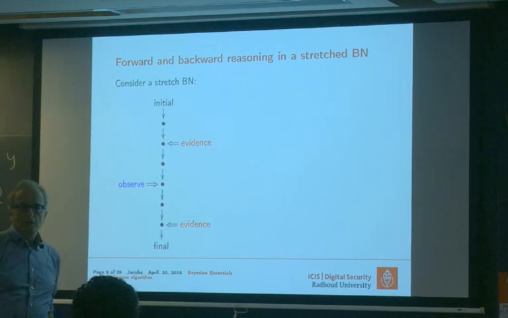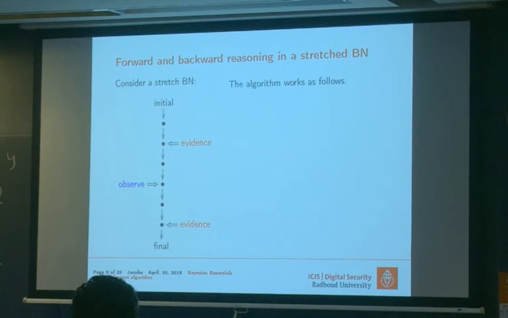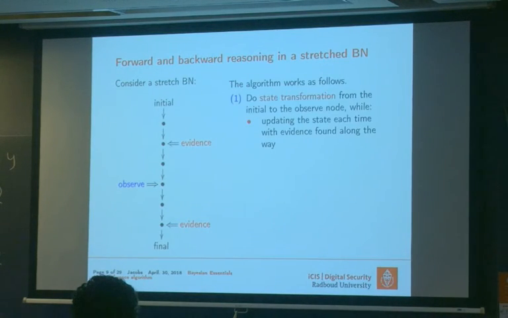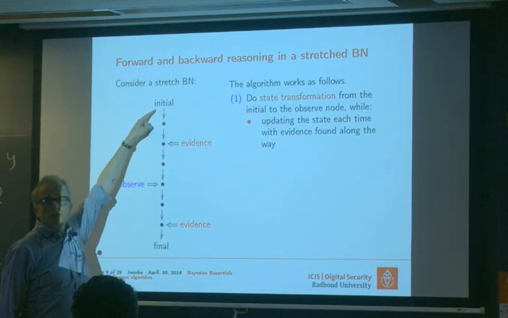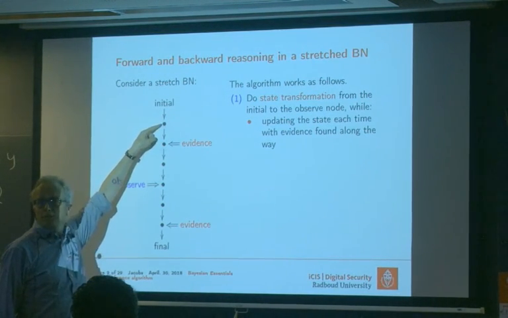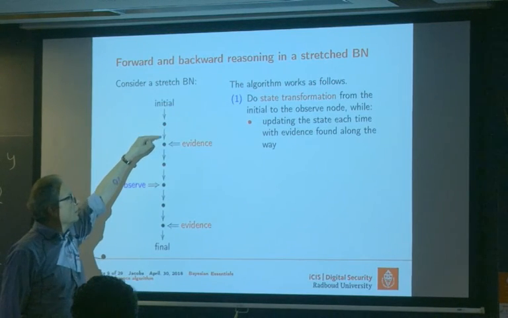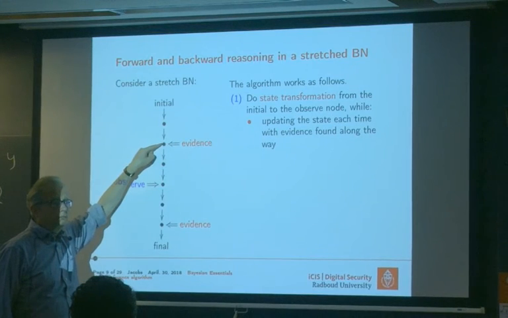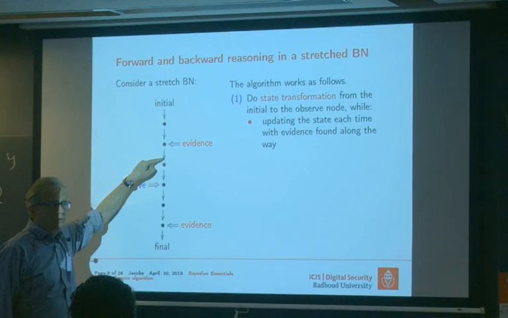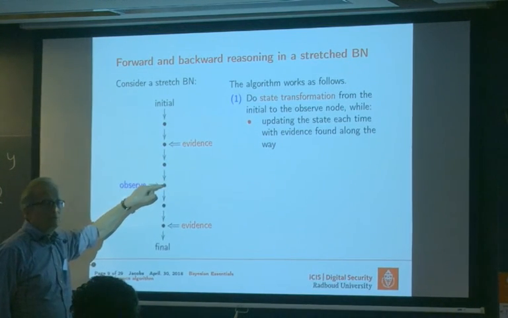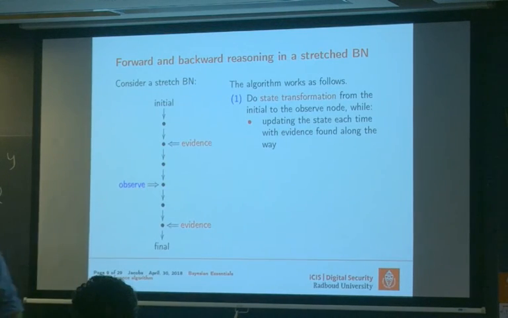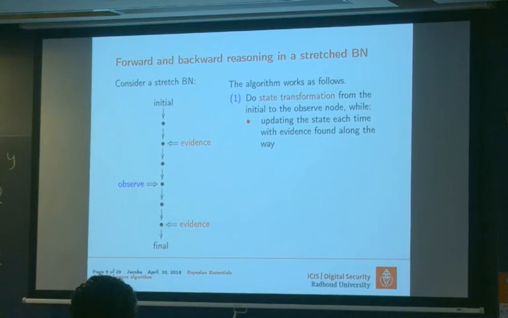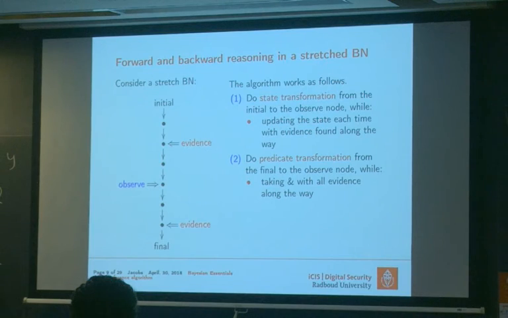Now, how to reason with this? The algorithm works as follows. I start doing state transformation here. So I have an initial state, I do state transformation, basically Kleisli composition. Again, hey, here I have some evidence. I update my state, and I continue with state transformation, etc. I stop here. Okay. Next step is I start doing predicate transformation.